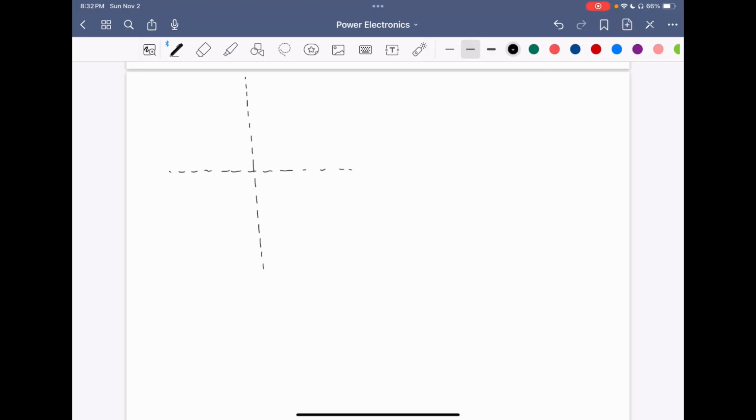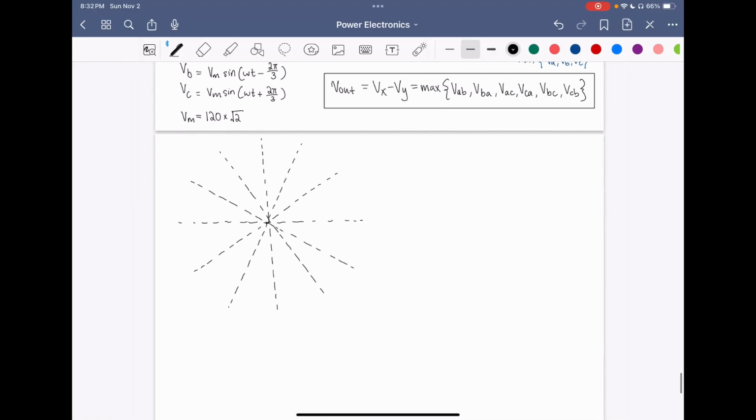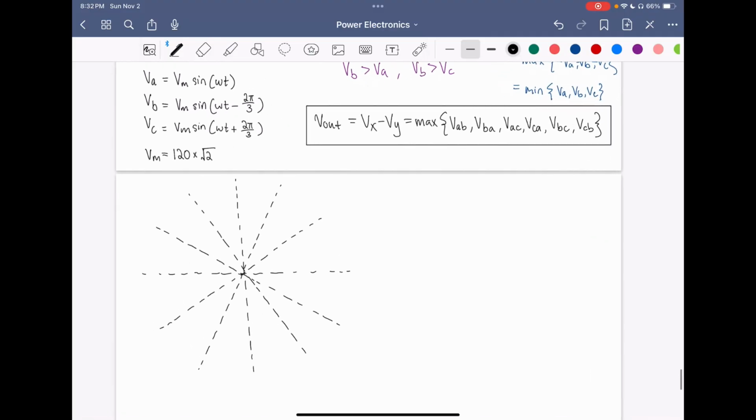And it's going to be helpful to split up the complex plane into divisions of 30 degrees or pi over 6. So we're going to draw out these pi over 6 lines. So this is now our phasor diagram.